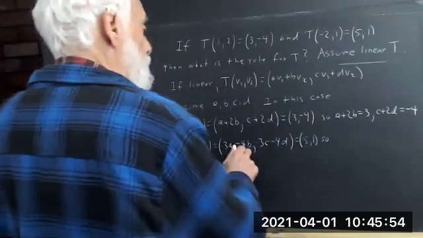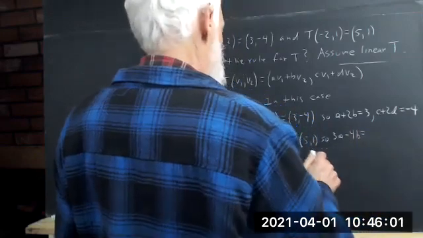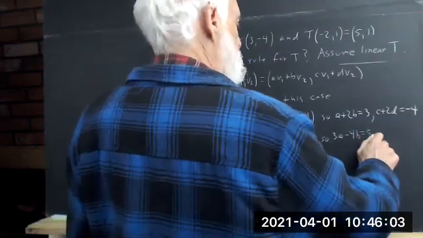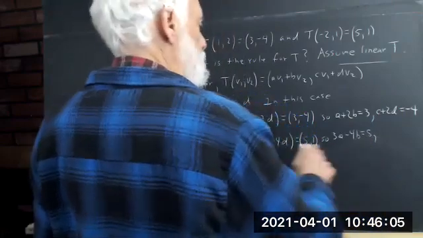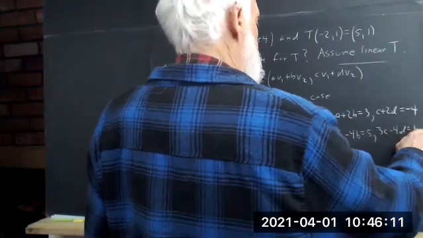So 3A minus 4B equals 5, and 3C minus 4D equals 1.